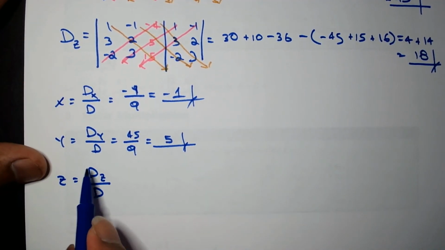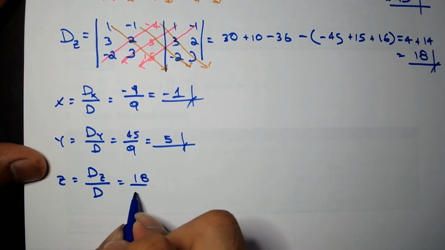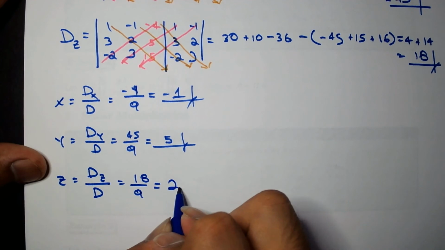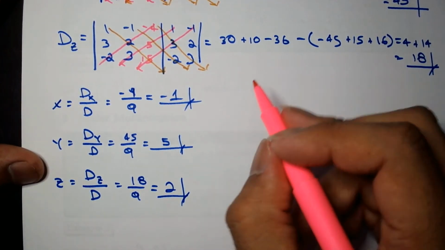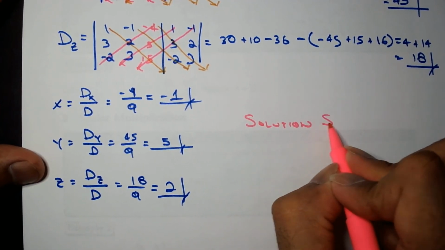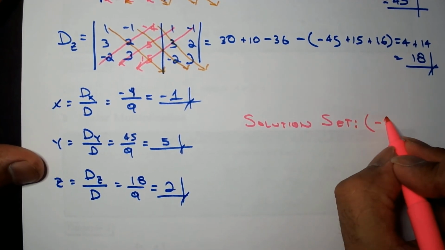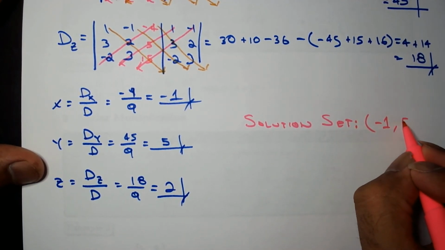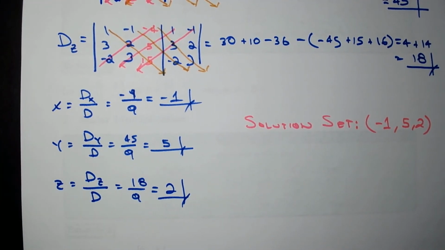And last but not least, d sub z, which is 18, over d, which is 9, is equal to 2. Alright, so our solution set, as an ordered triple, is negative 1, 5, and 2.